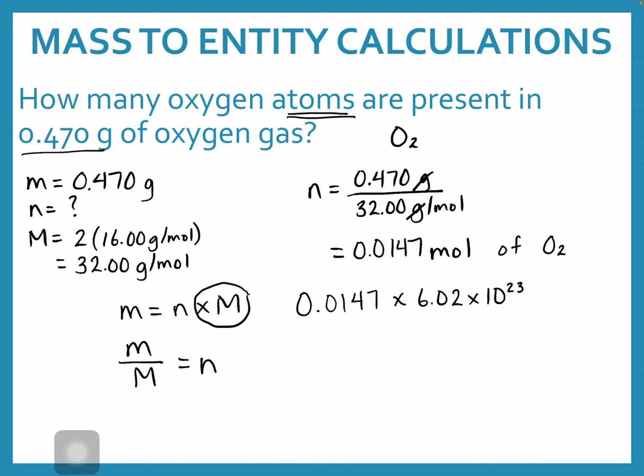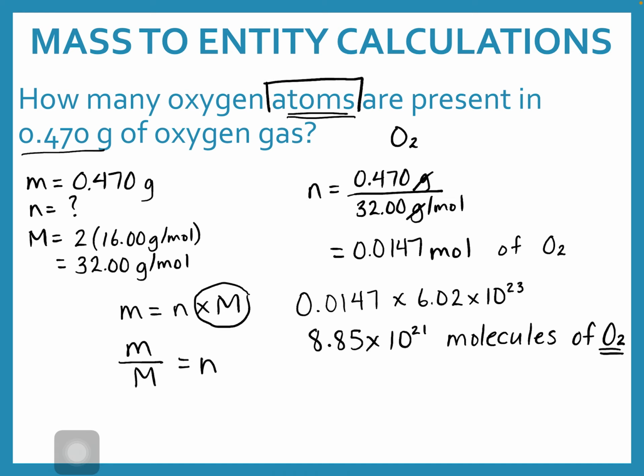That tells me I have 8.85 times 10 to the 21 molecules of oxygen. But each molecule of oxygen has 2 atoms of oxygen, and we're being asked for the number of atoms here, not the number of molecules.